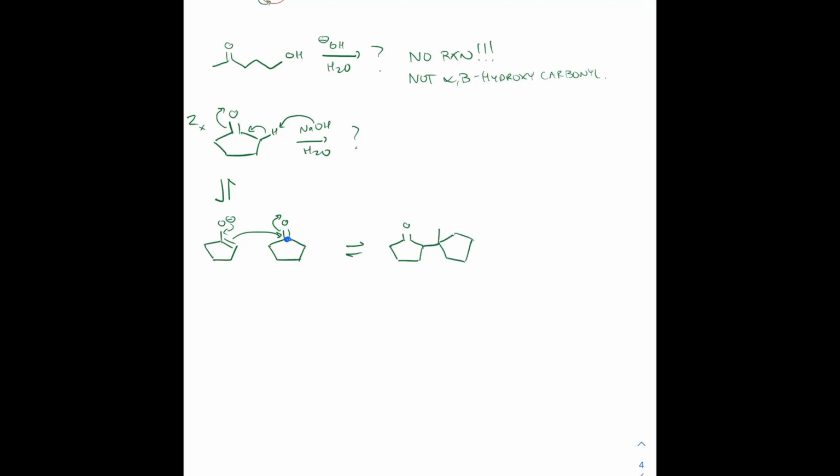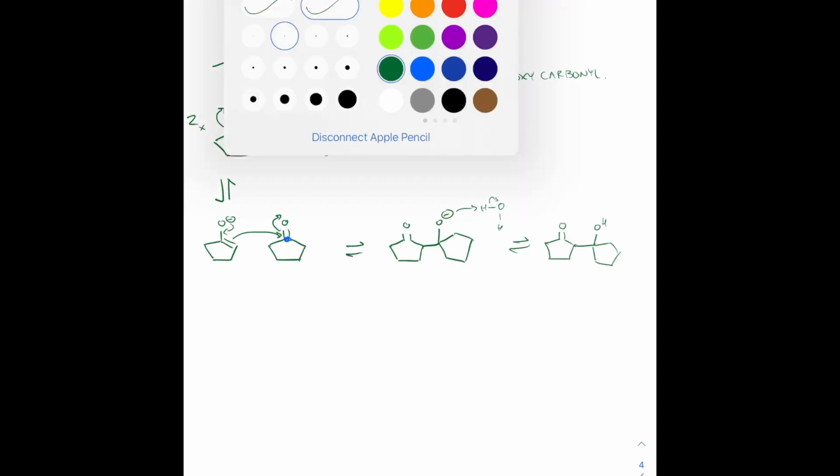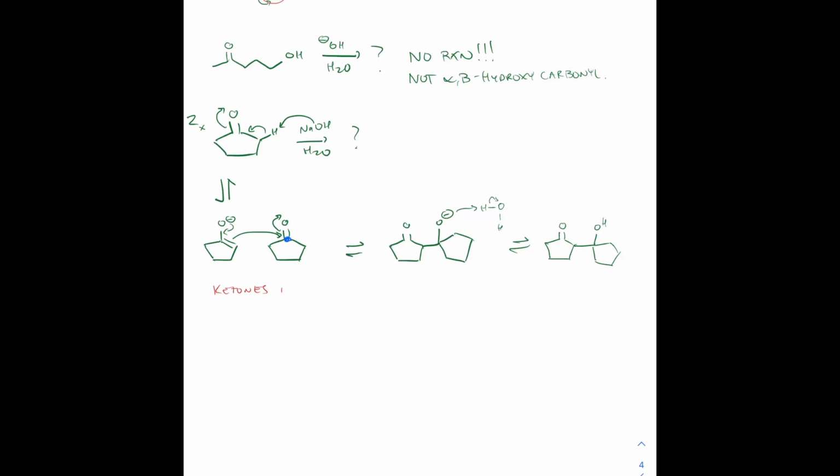And that's going to be pretty much just the two five-membered rings jammed together. Protonation from water is going to give us ultimately that beta hydroxycarbonyl. All right, so remember, in the presence of additional base, we can do an elimination reaction to get rid of that OH.